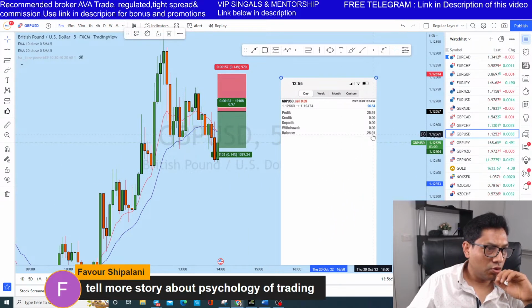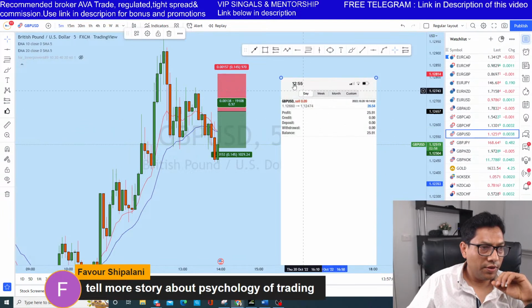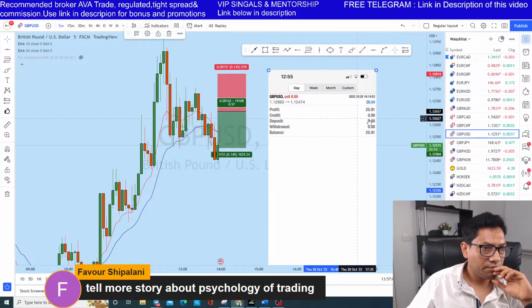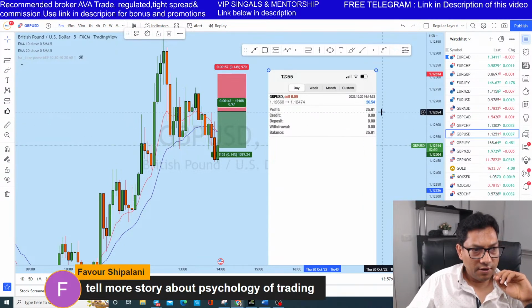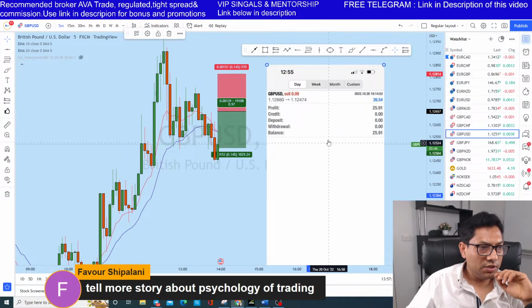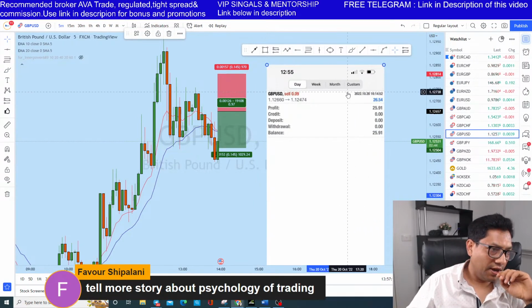I have closed the one that we have just opened, this one. You can see that the profit has been taken on this trade. Now this is the scalping trade I just opened.